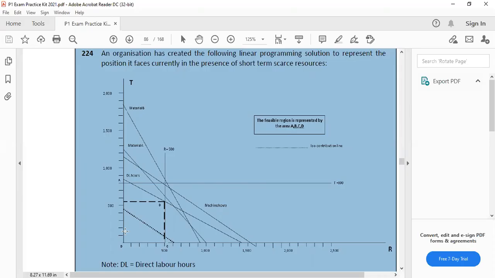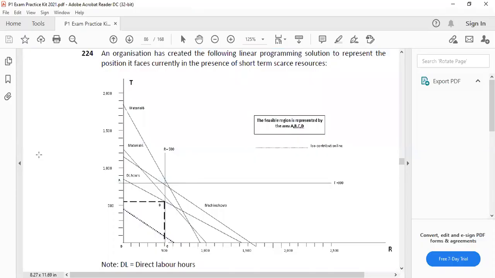If it is less than, from the constraint line the shaded portion will fall down. If it is greater than, it will go above. So that is the point here. There are constraints here.